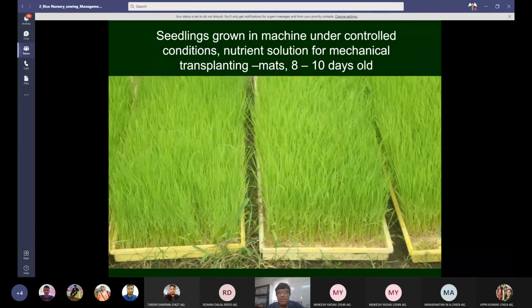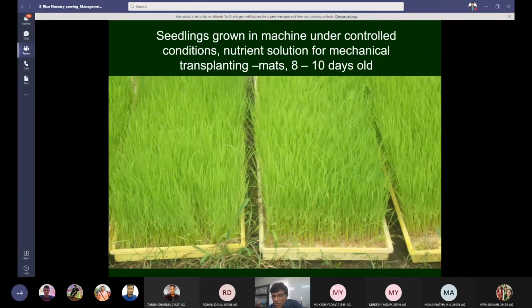This is a seedling grown in a machine under controlled conditions, with nutrient solution, for mechanical transplanting. Certain machines are available to grow rice seedlings. Here there may not be insect pest damage, and there may not be any nutrient deficiency because you are growing seedlings under controlled conditions.